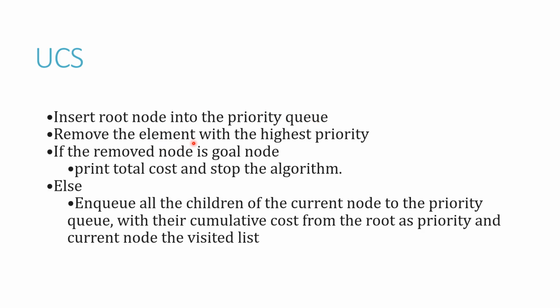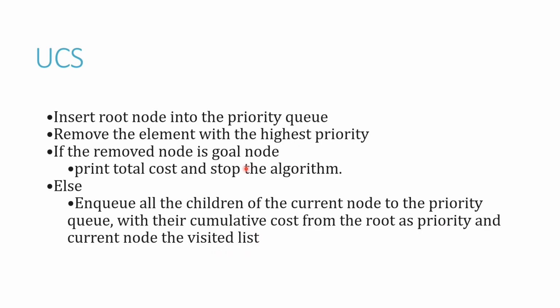Next, remove the element with the highest priority. If the removed node is the goal node, then print the total cost and stop the algorithm. Or else, enqueue all the children of the current node to the priority queue with their cumulative cost from the root as priority, and add the current node to the visited list.